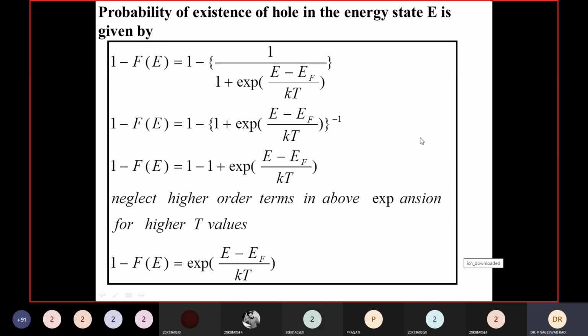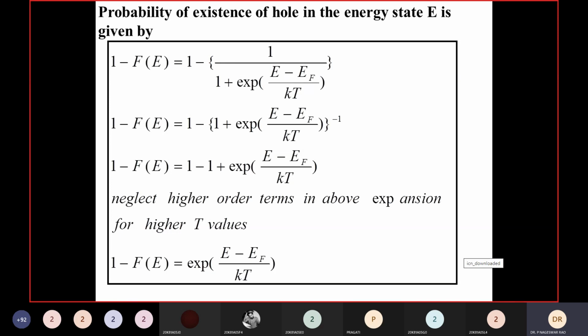Instead of x we substitute exponential of e minus ef by kt. We neglect the higher order terms, because x value will be small, so x square will be very, very small.